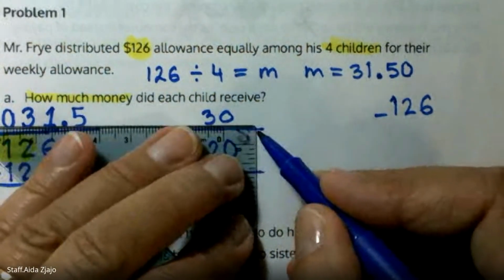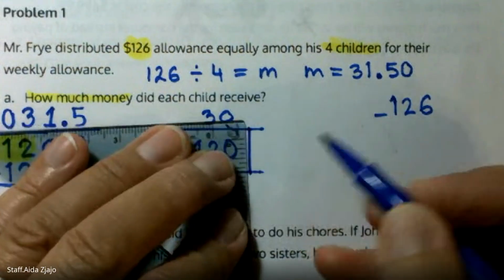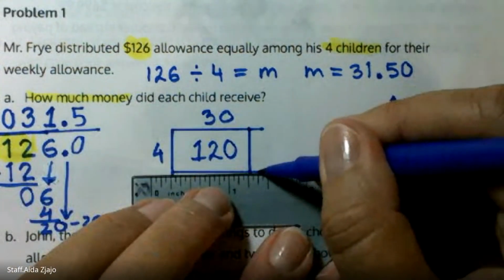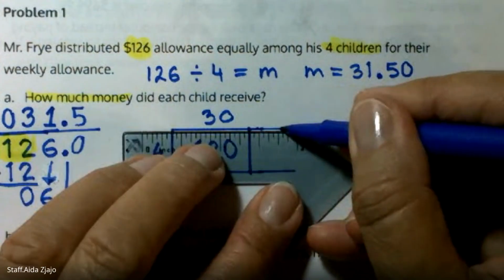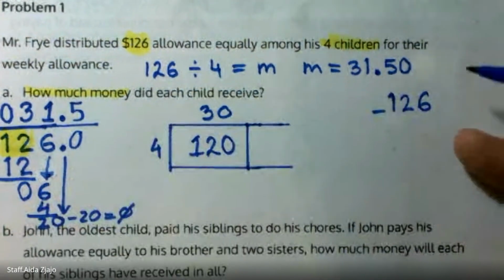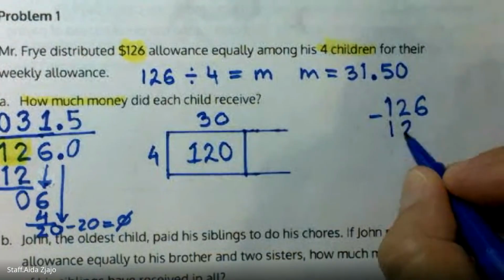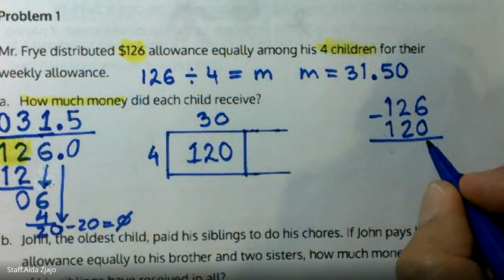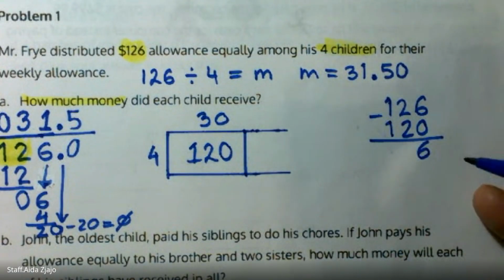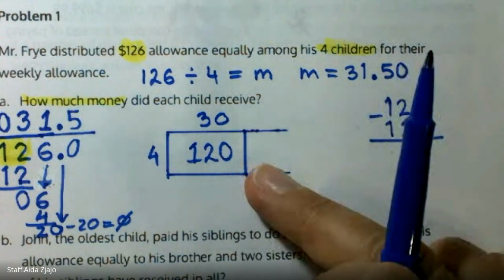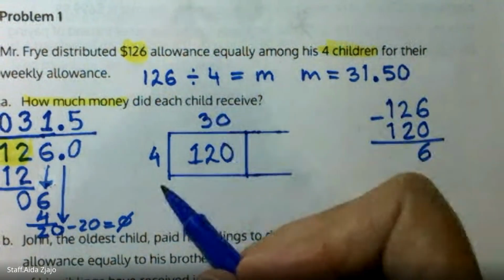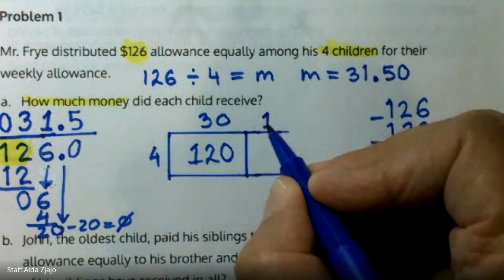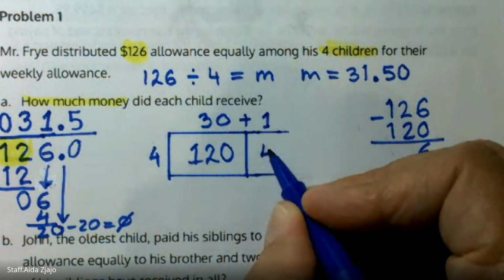I can close the area and then extend. Now I subtract how much I shared, 120. There is $6 left. So 4 times what makes 6? Only 4 times 1 will give you 4.